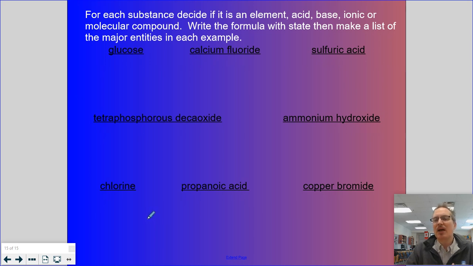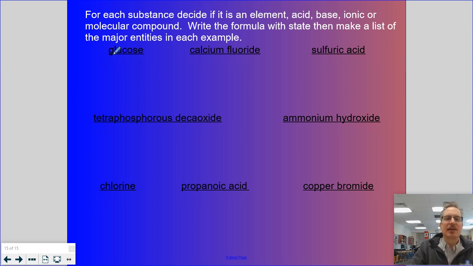In each example, I want you to do it the same way that I did it. Determine, is it a base, ionic, acid, molecular, or an element? Secondly, how would I write this compound before I drop it into water? And thirdly, what am I going to find for the entities once I throw it into a bucket of water? Please pause the video now.